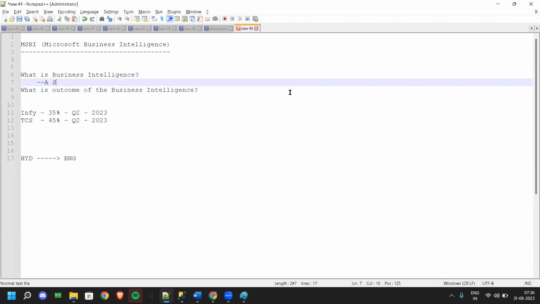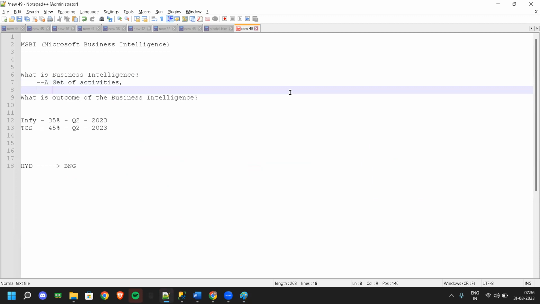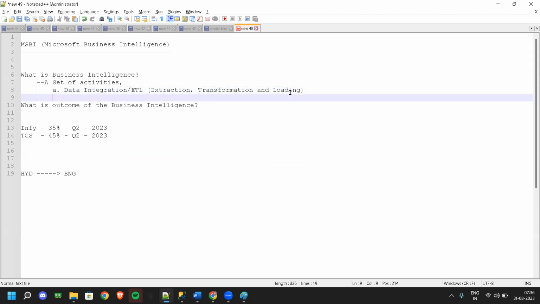BI means a set of activities. What kind of activities are involved in BI then? Data integration, or else ETL. ETL's full form is extraction, transformation, and loading. Next one is data visualization, or else report design.